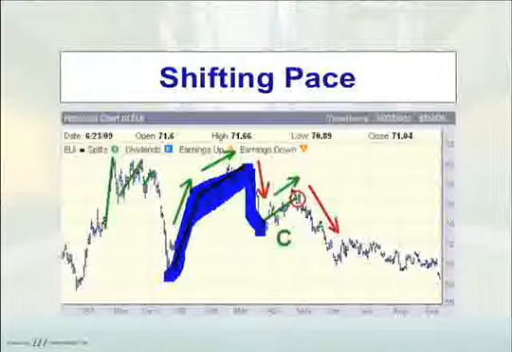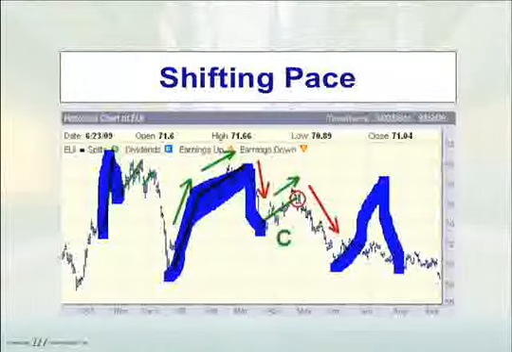We saw this V pivot over here where it had that high where it pivoted very quickly off of the high, but it wasn't able to sustain that downside move. And that's because not only was that upside move more rapid than average, but the correction itself was also more rapid than average.